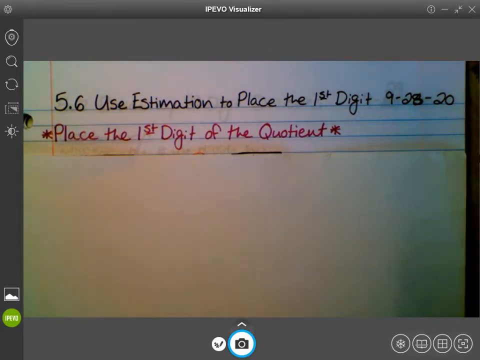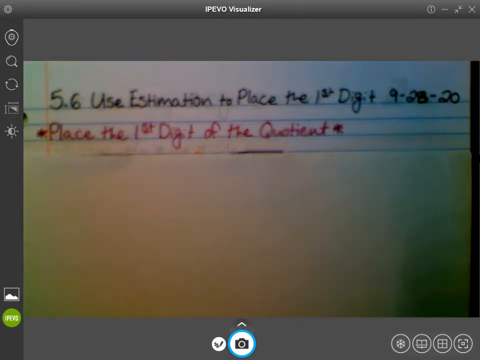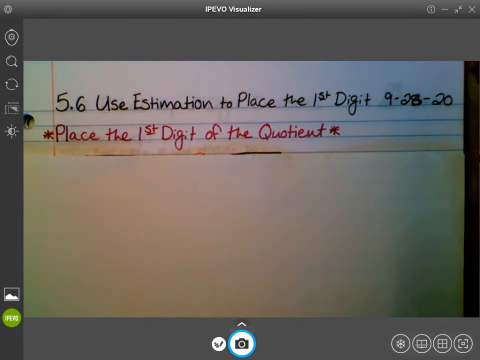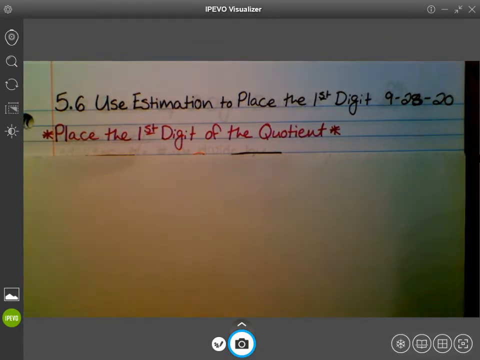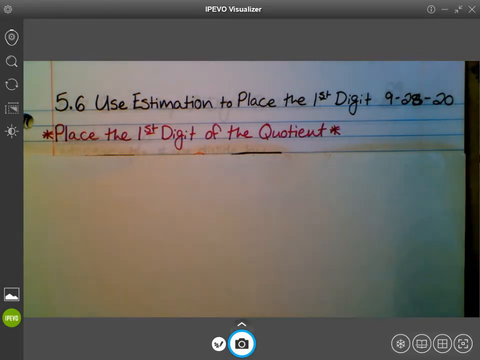So place the first digit of the quotient. Quotient is spelled Q-U-O-T-I-E-N-T.